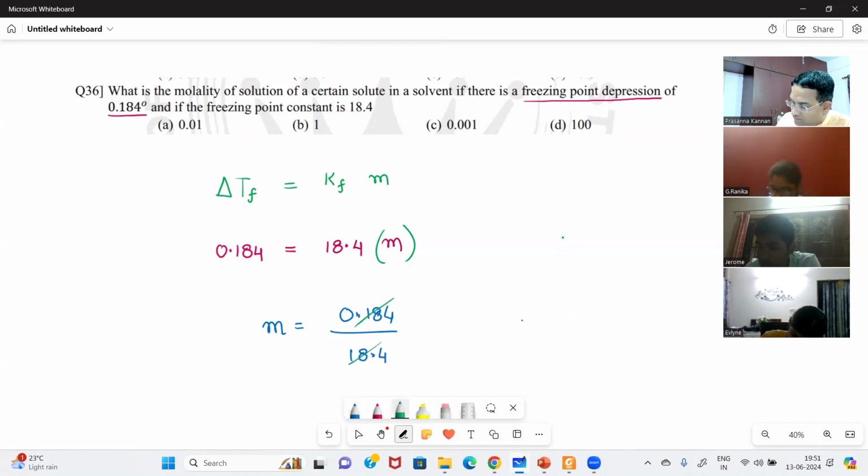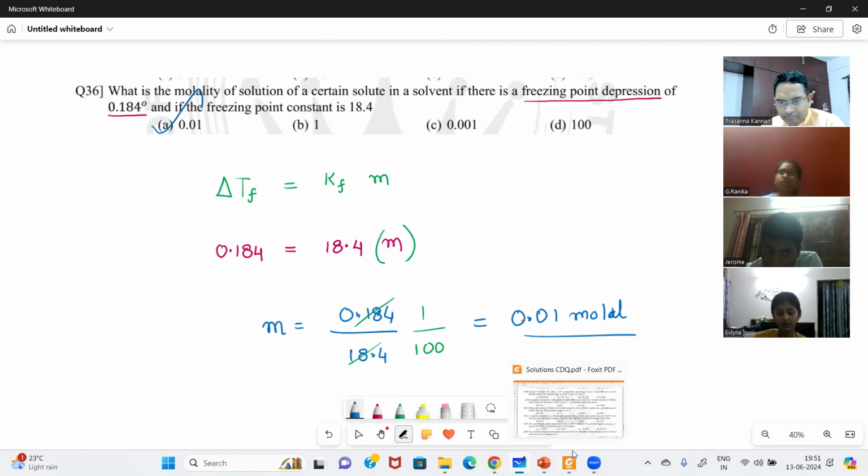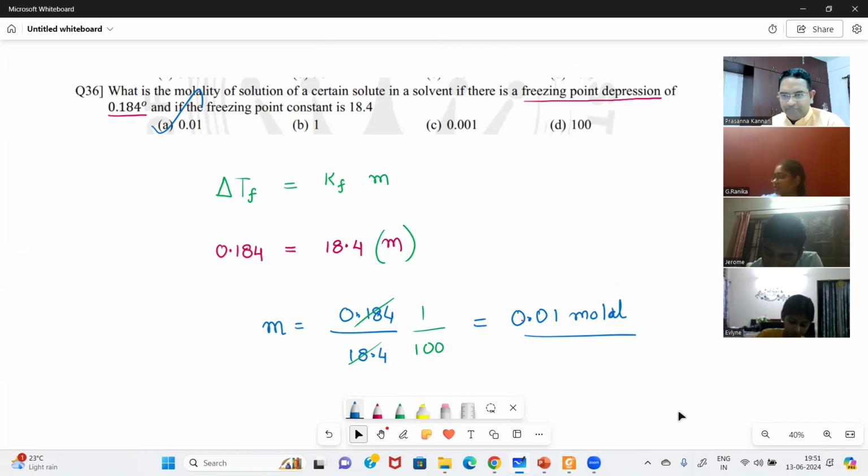You can clearly see that the denominator is 100 times the numerator. So the answer is 0.01 molal. So the first option is correct. Clear? Okay, let's move on.